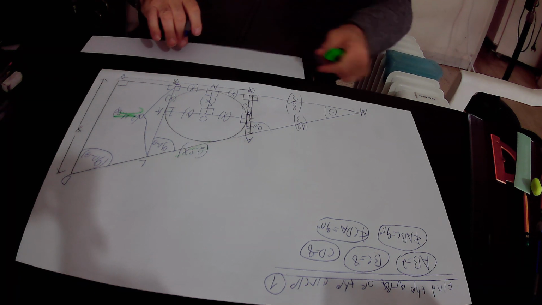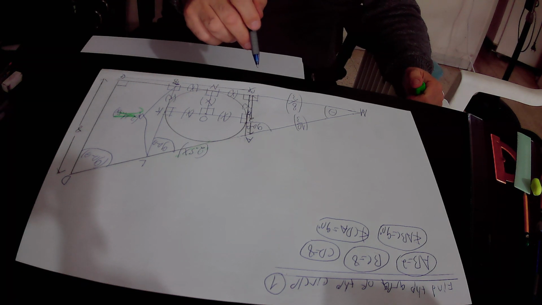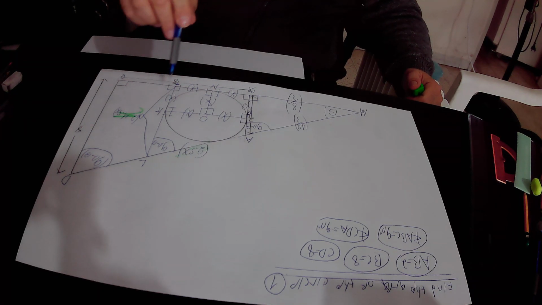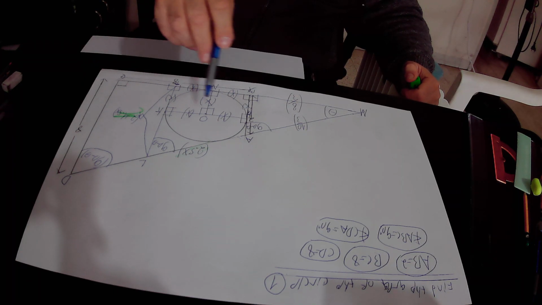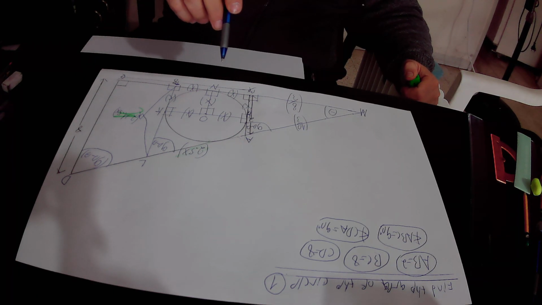In the next step, I will copy the small quadrilateral ALBT to a new page with the circle that is inscribed inside it, and we'll analyze this quadrilateral ALBT.